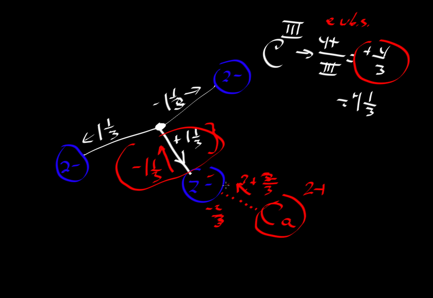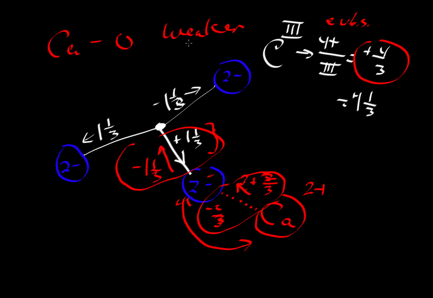And with only 2/3 here for our electrostatic valence bond strength between oxygen and calcium, that means the calcium-oxygen bond is much weaker than the carbon-oxygen bond. So we started out by using this term anisodesmic, unequal. And this is what we mean. We mean that the calcium-oxygen bond is much weaker than the carbon-oxygen bond.